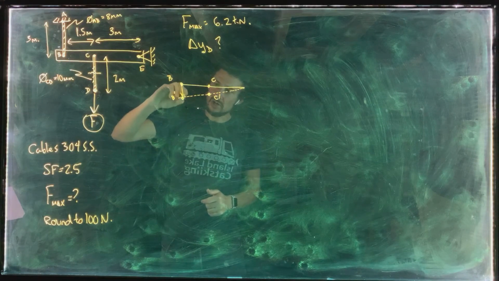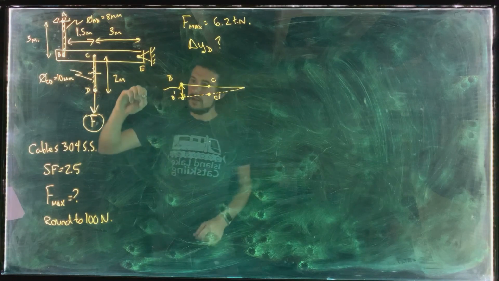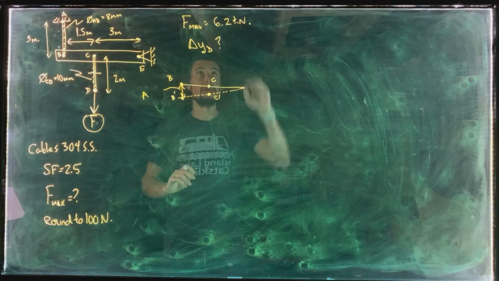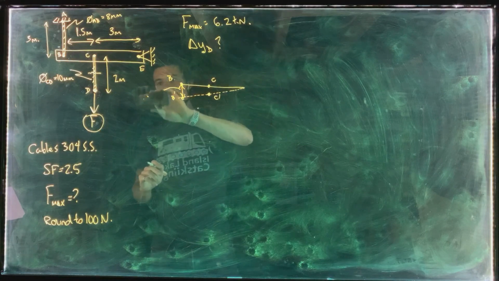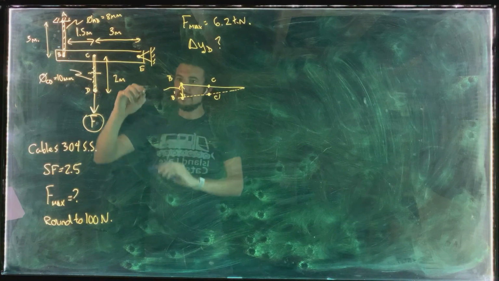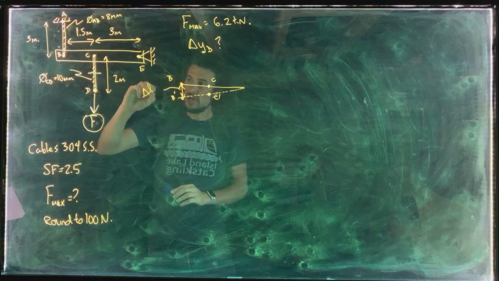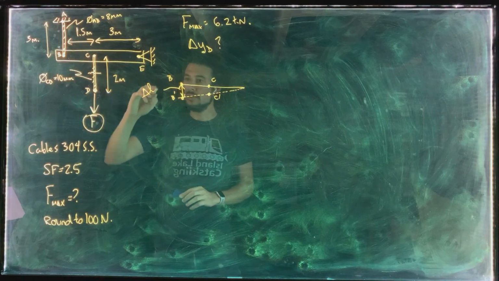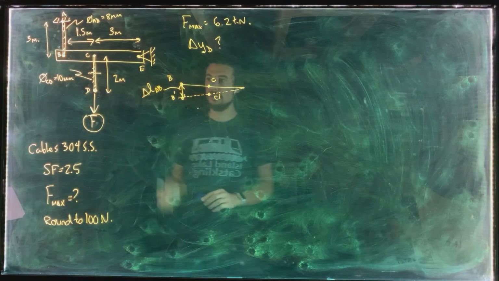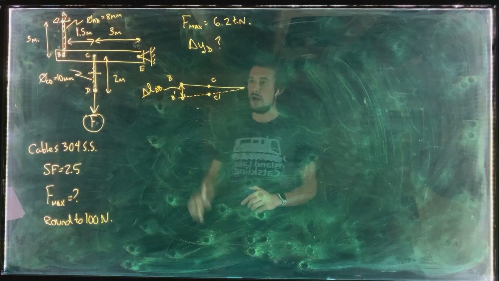This length change here is going to be, that was supposed to be a delta, not an A. That is going to be whatever the change in length of cable AB is, okay?